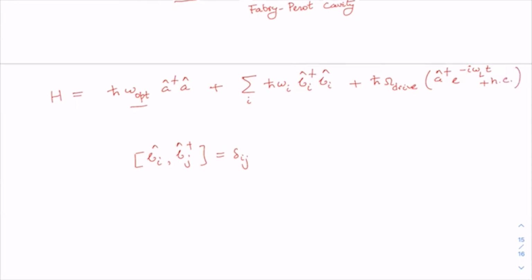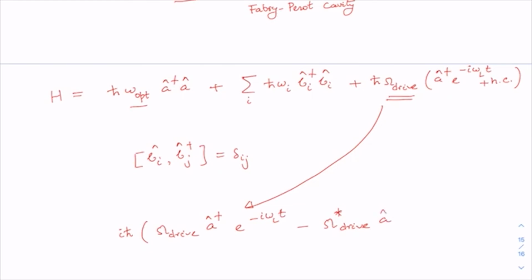Many times people write this term in this form also, i h cross omega drive, because here the drive amplitude is considered to be a real quantity, but it may be a complex quantity because it has a phase part, so people write it as omega drive A dagger e to the power minus i omega L t minus omega drive star A e to the power i omega L t.